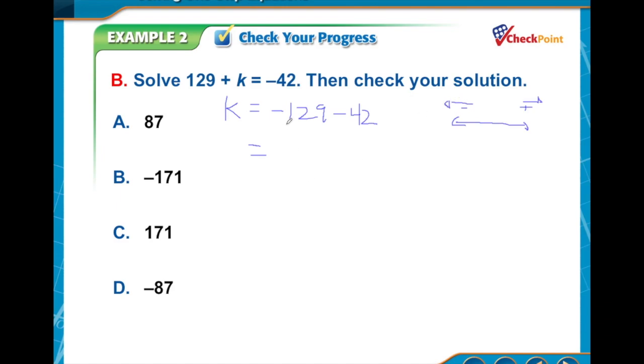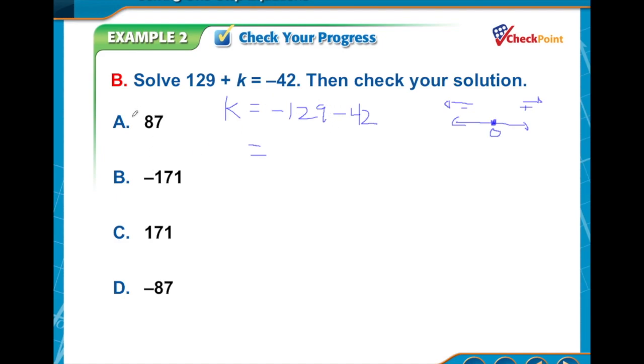If I already have a negative 129, so imagine this is 0, I'm to the left of 0, and now I'm going to take away 42 more. That means I'm going to keep moving to the left 42 more. Our answer should be a bigger negative number. So what we should get here is a bigger negative number than negative 129.